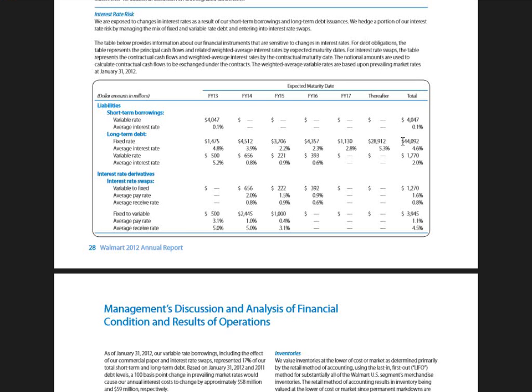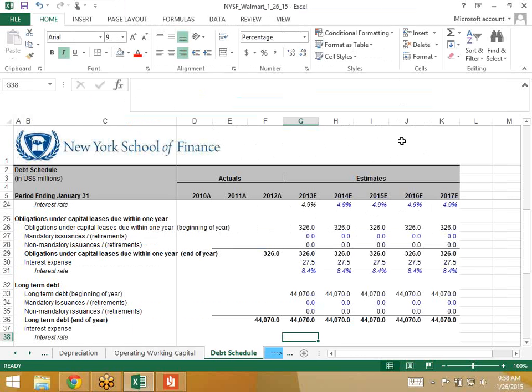I'm going to do 44,092 times 4.6% plus 1,770 times 2%, divided by the sum of 44,092 plus 1,770. That gives me a blended interest rate on this $45 billion balance. I'm going to use that interest rate towards my balance. This is a different method, and I'm just going to hard put that right in the interest rate.